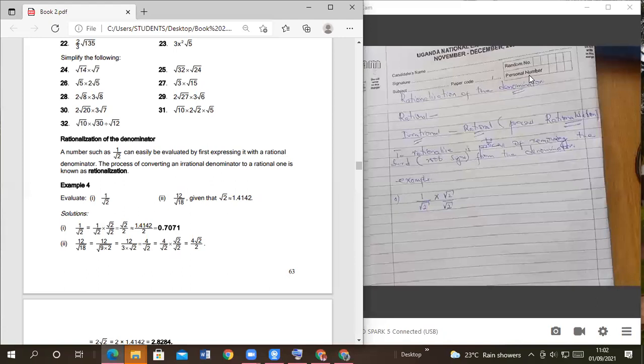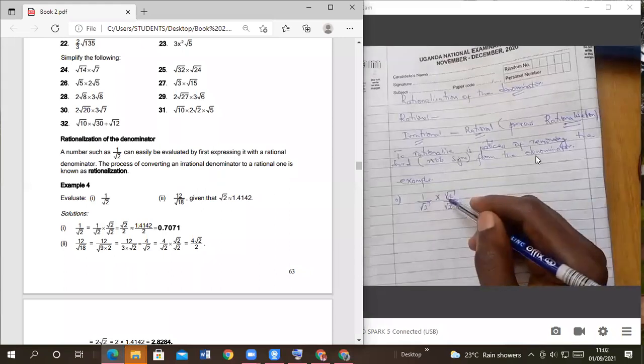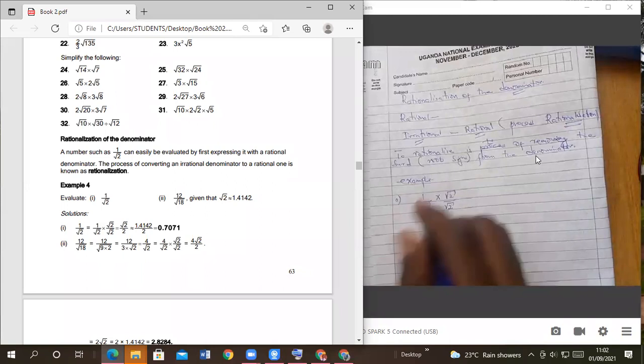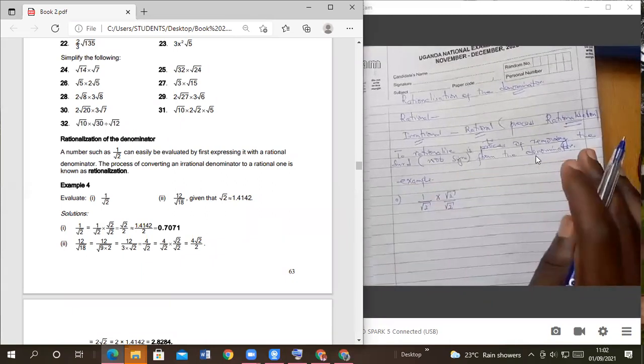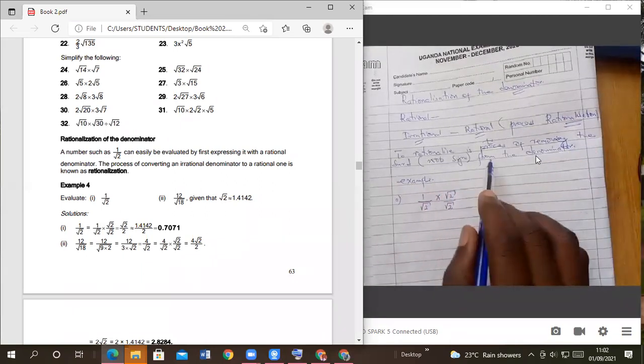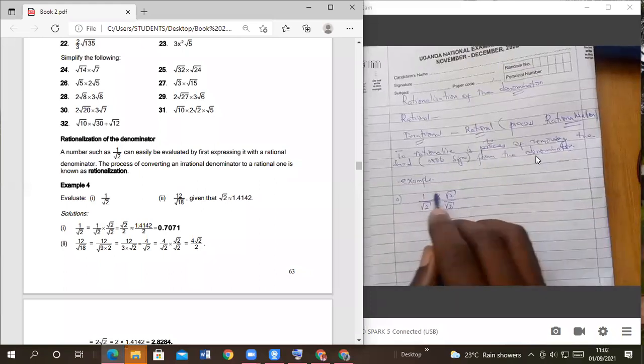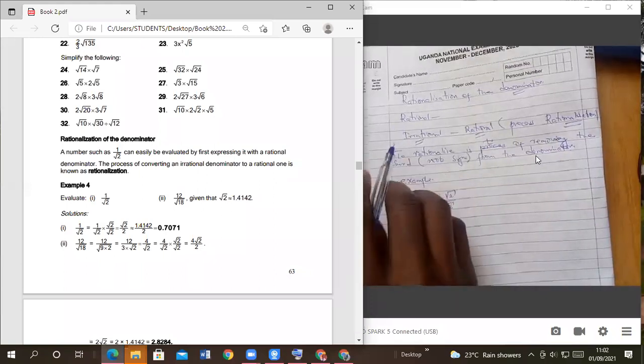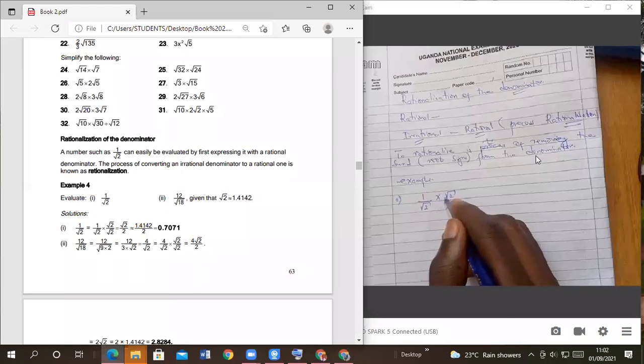Question. Yes, please. Where did the 2 come from? Which 2? This one. Now, remember I told you if we want to remove the root signs from the denominator, then for you to do that, you have to multiply both the numerator and denominator by this one.